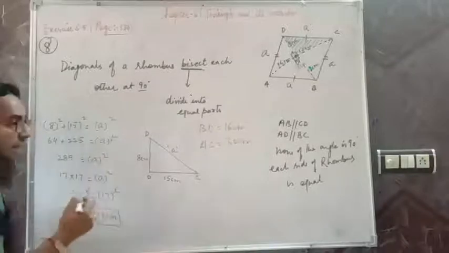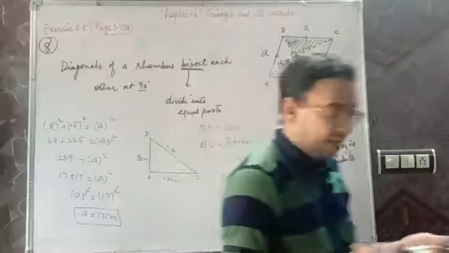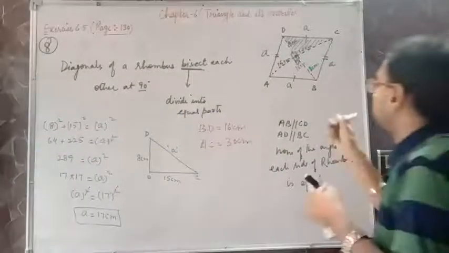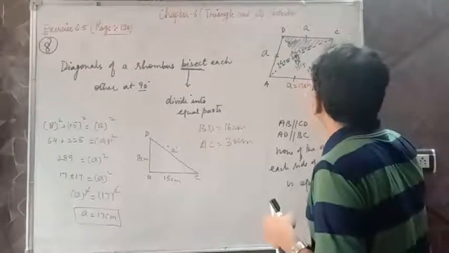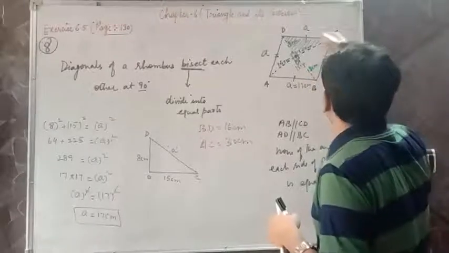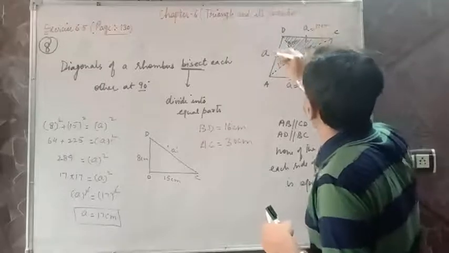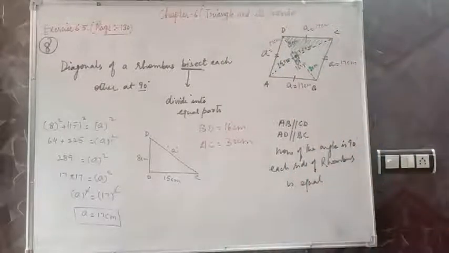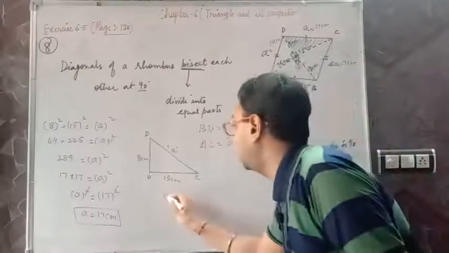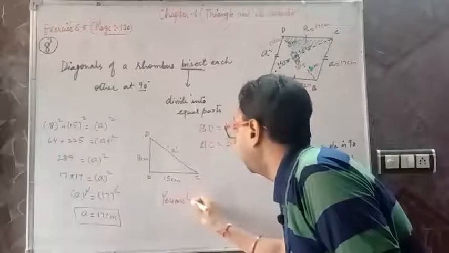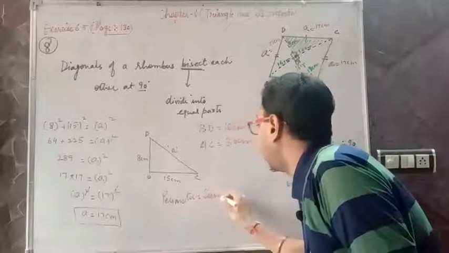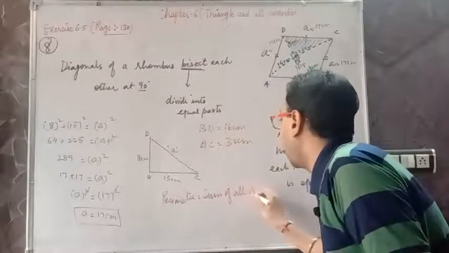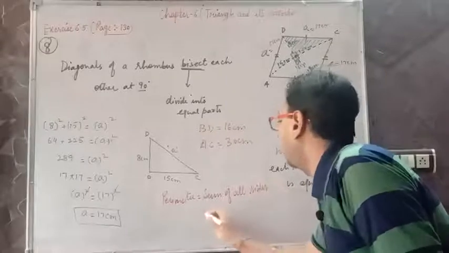Now we got the side. Yes or no? We got the side, and hence this is also 17 centimeter, this is also 17 centimeter, this is also 17 centimeter, and this is also 17. What do you mean by perimeter? We have to find the perimeter. I told you the formula of perimeter. Perimeter means sum of all sides. How many sides are here? 4 sides.